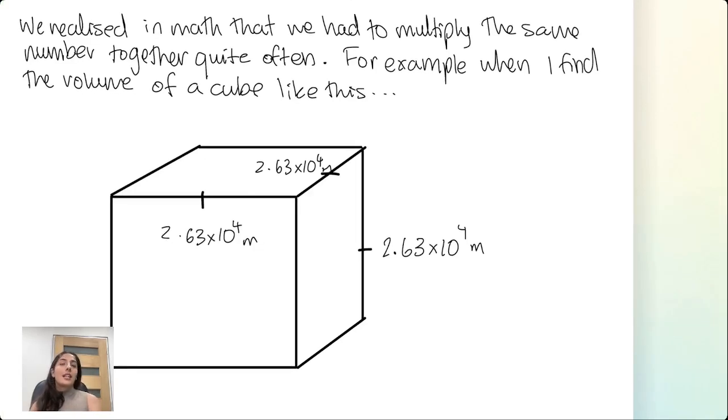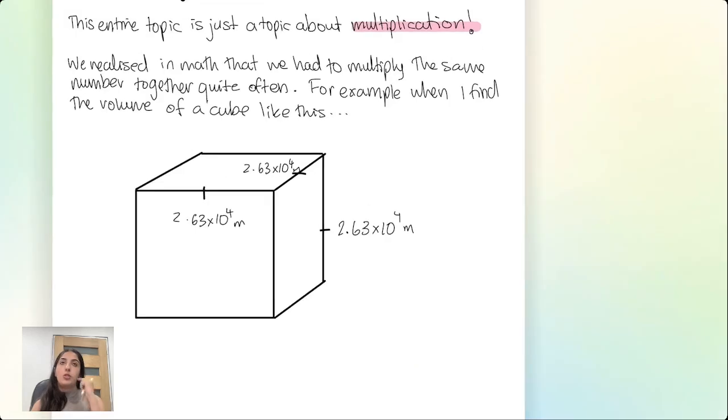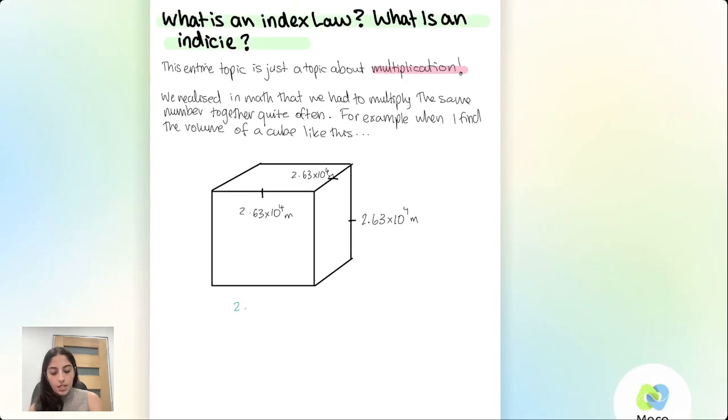Now, how can I calculate the volume of a cube, Andrew? How do I find the volume of a cube? Times all the sides together, yeah? Exactly. So I'm going to do 2.63 times 10 to the 4 times 2.63 times 10 to the 4 times 2.63 times 10 to the 4 meters cubed.